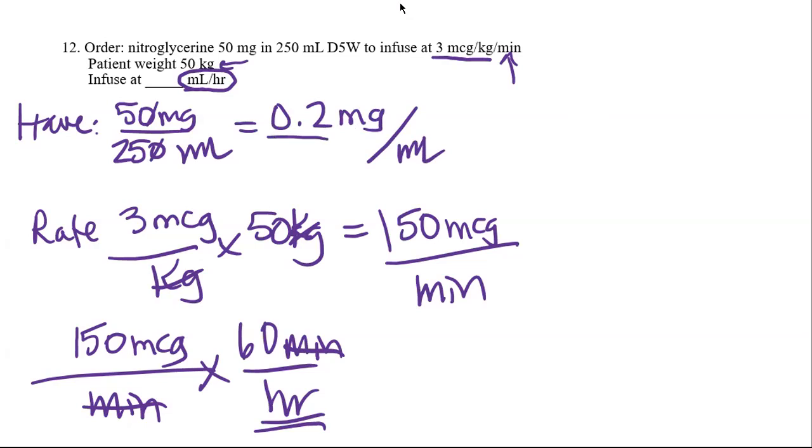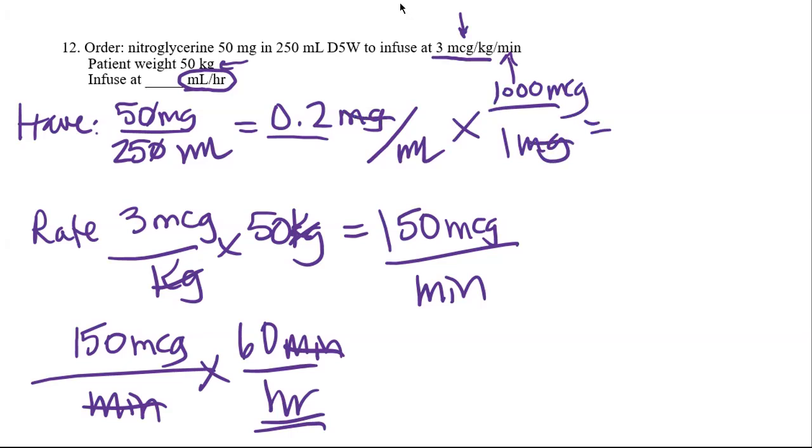But this is still in milligrams. The reason I did this is because we need to get it in micrograms. So we're going to do times 1 milligram underneath 1,000 micrograms. We can cross that out, and cross that out.